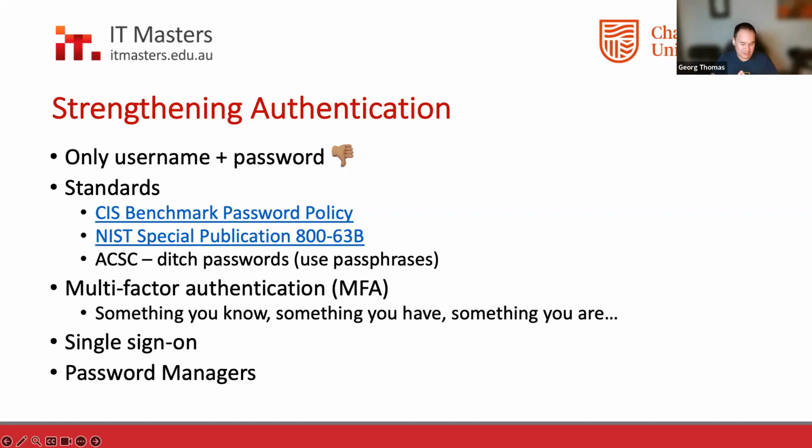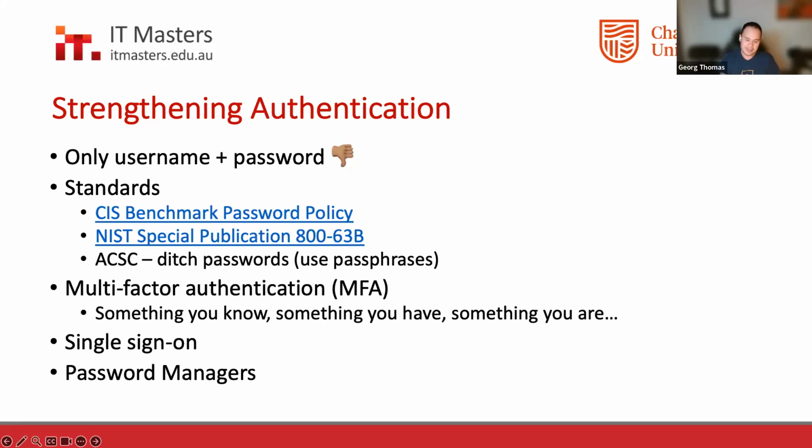And they said, well, no, we've got multi-factor. And I'm like, how? And they're like, well, you put in your username, you put in your password, and you put in your PIN. And I'm like, and so where do you get your PIN from? Oh, it's in your head. I'm like, okay, so that's 3 things that you know. So that's not multi-factor. That's just 3 things that you know.